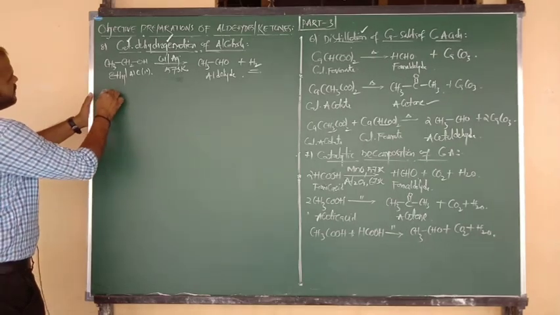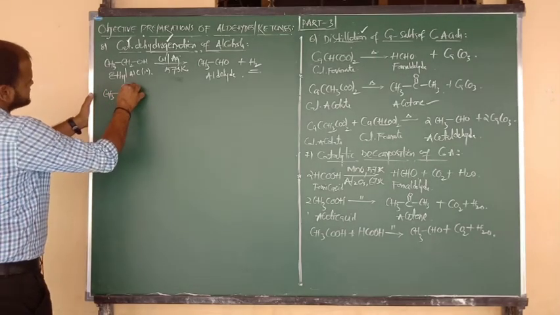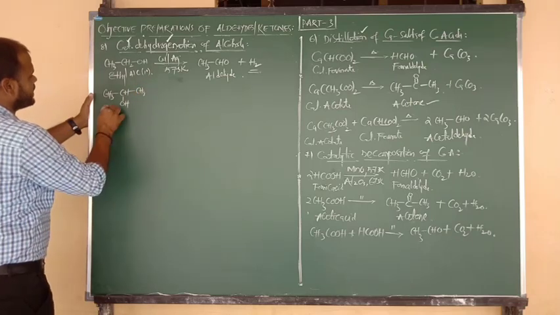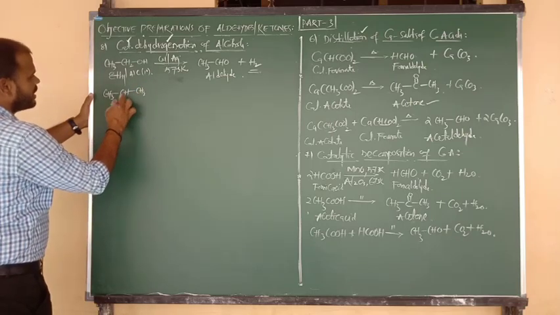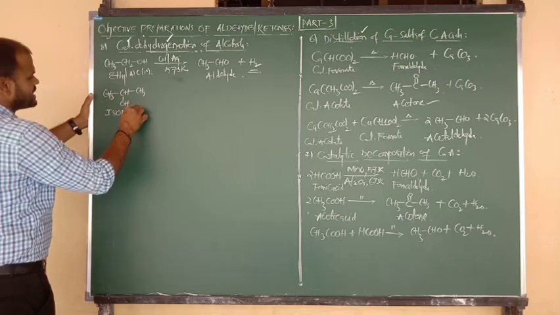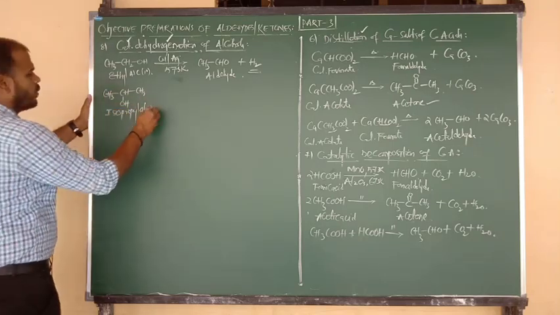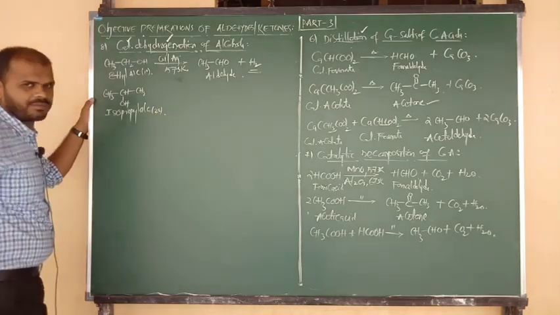Another example, a secondary alcohol: CH3 bonded to CH, with OH below the plane, again connected to CH3. This is isopropyl alcohol, otherwise propan-2-ol, a secondary alcohol.